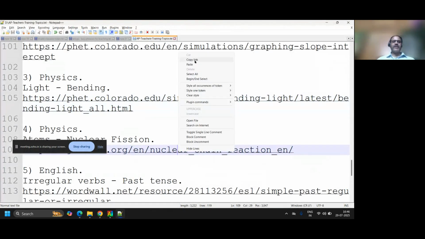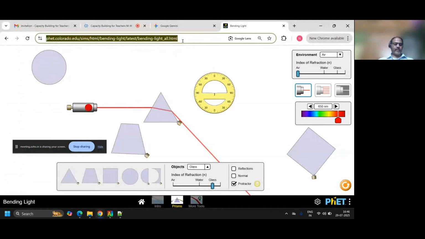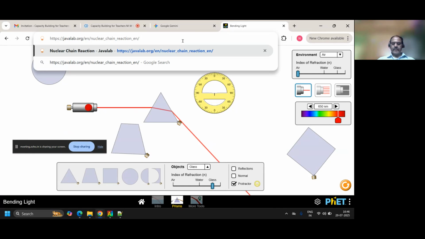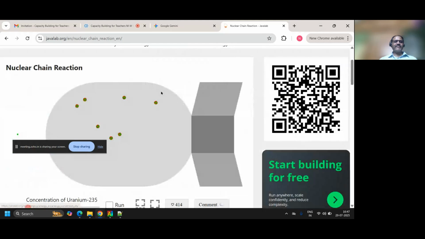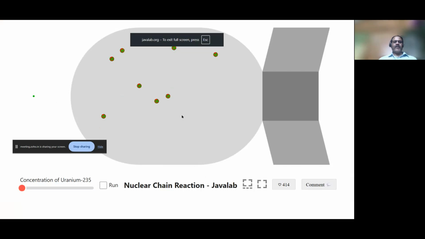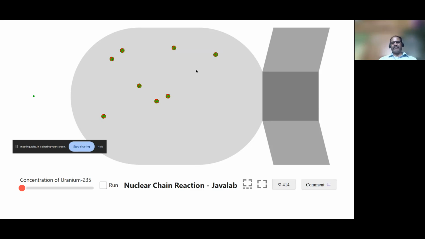The last experiment I want to show to you today is this nuclear reaction. Let us see nuclear reaction. This is uranium-235 because this is the one that is suitable for fission.